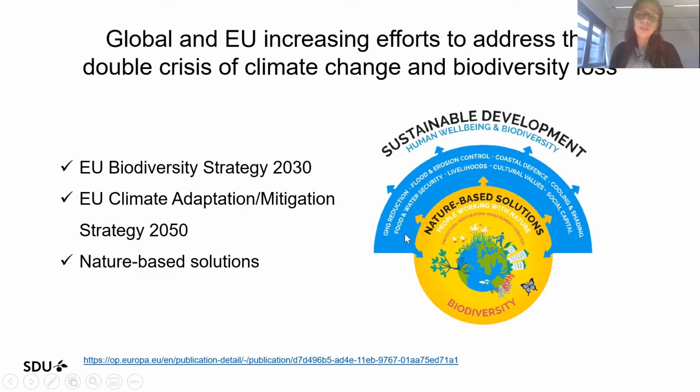Then we benefit from the ecosystem services that these nature-based solutions provide, for example greenhouse gas emissions reduction. We also have flood and erosion control. They can provide some level of coastal defense and so on and so forth. And that has to be under the umbrella of sustainable development, right? Because we need to focus also on human well-being and biodiversity.